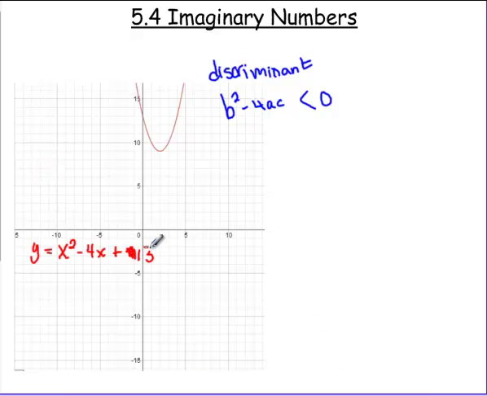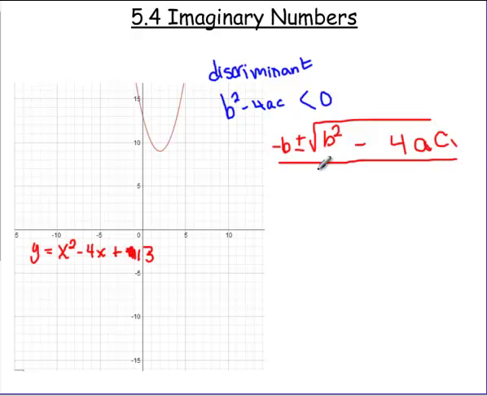So, there it is. Now, if I go back and I solve this using my quadratic formula, negative b plus or minus the square root of b squared minus 4ac all over 2a.